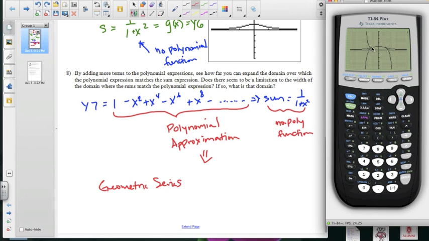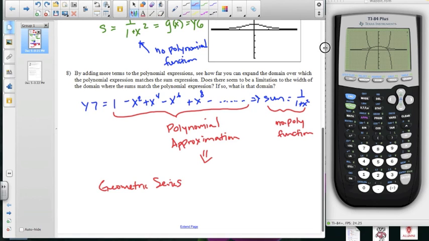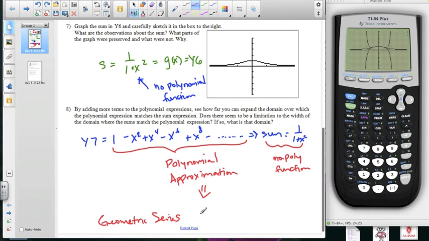Just like that criteria that we had set for geometric series for convergence. So we know that when we have these values from -1 to 1, we get some pretty good matching.